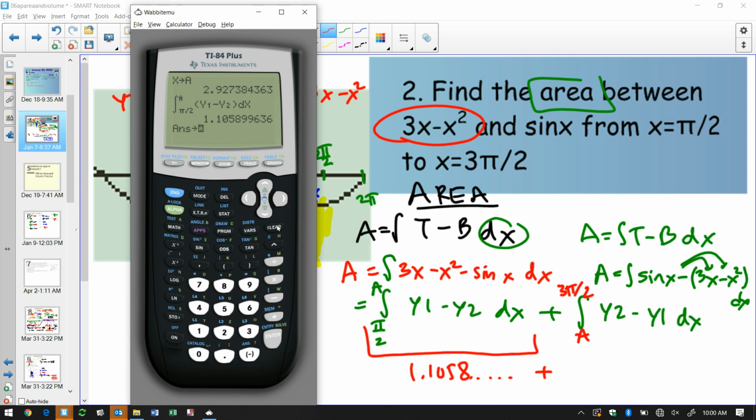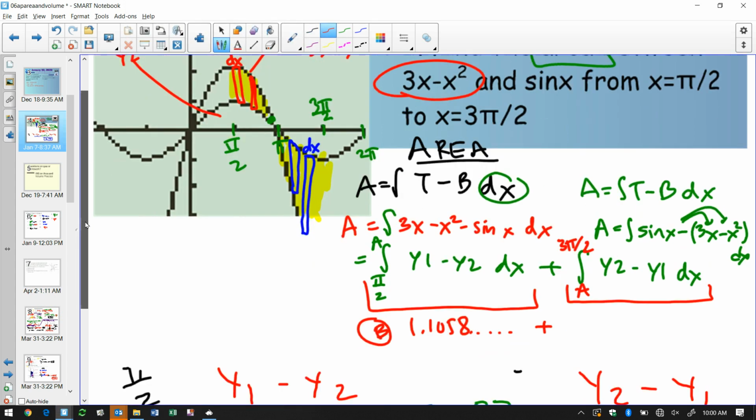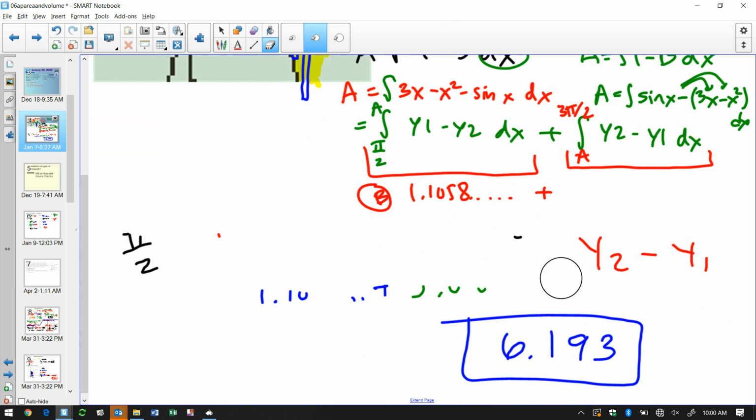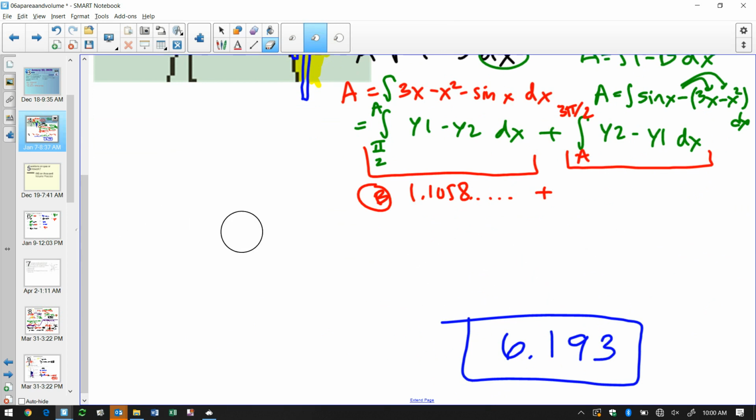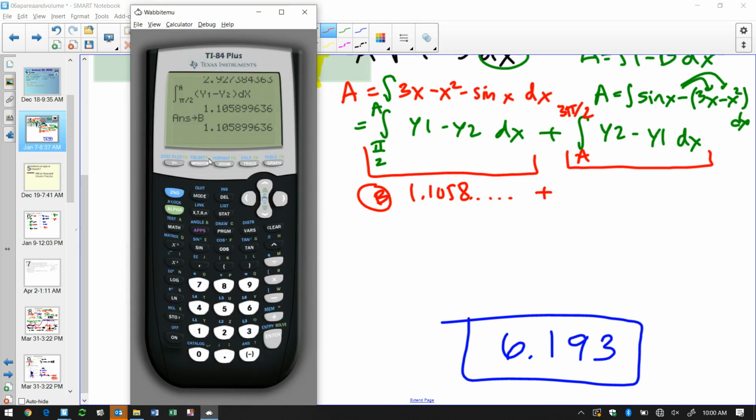Did I do that right? Alpha B. Okay, and so this will be my B, and I can go back and add it to this number. Let me start all over, and I'm going to do this right side. I'm going to pull my thing down a little bit so you guys can see it. There's my answer. I'll leave it up just to check. On my right side, this will be math 9 again.